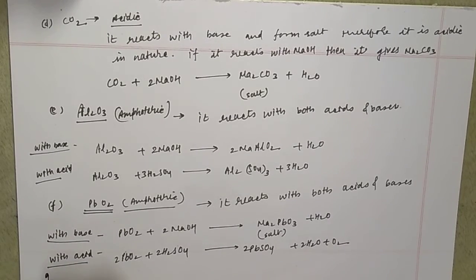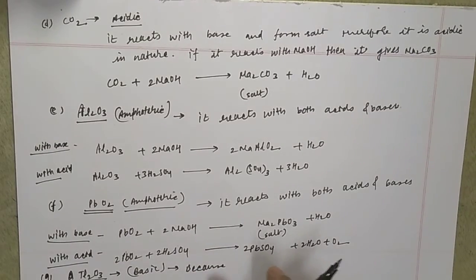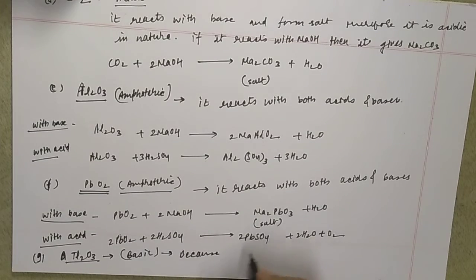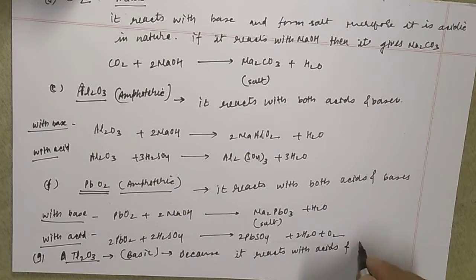Now the last option is there, and this one is Tl2O3, thallium oxide, and thallium oxide is basic. Why is it basic? Because thallium oxide reacts with acids and forms salts.